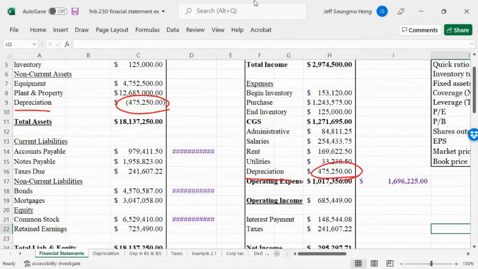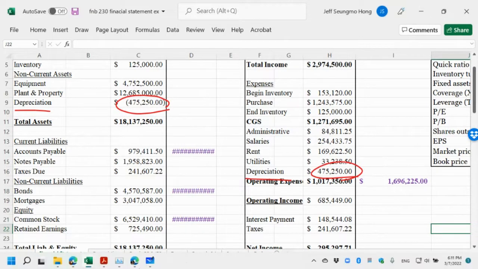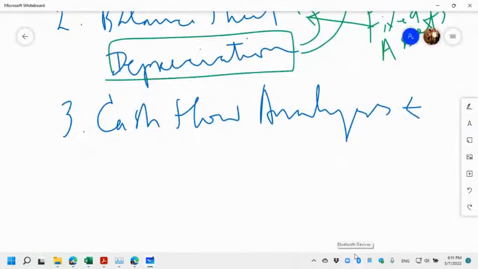But think about it. Plant and equipment wear and tear. The reason for the depreciation is because of the wear and tear, right?